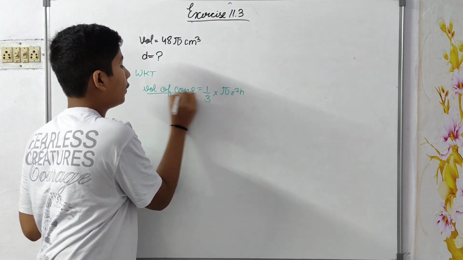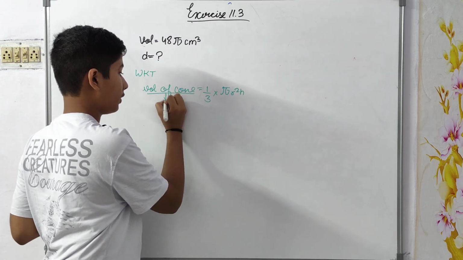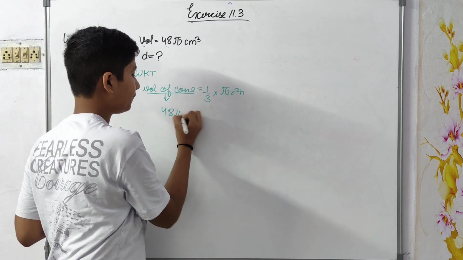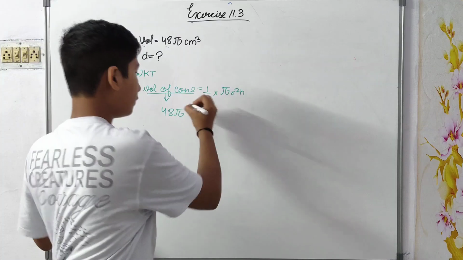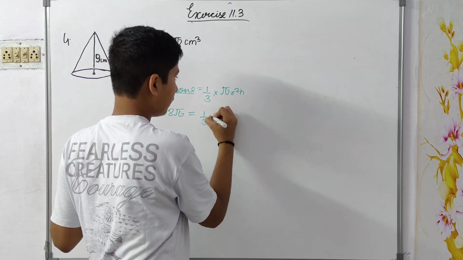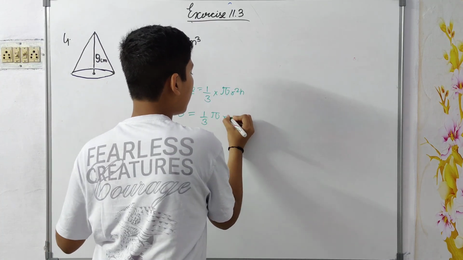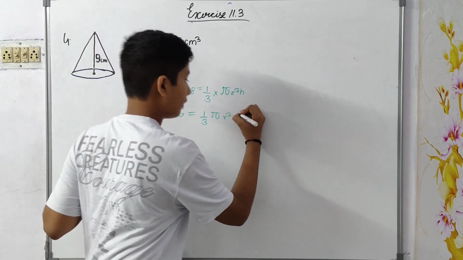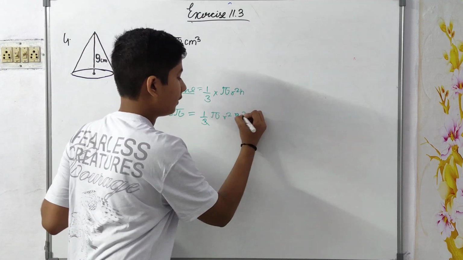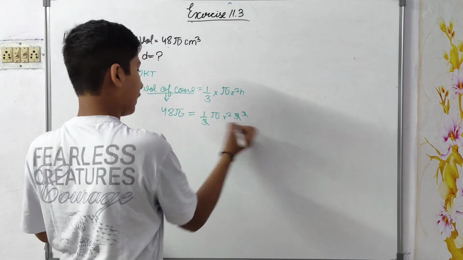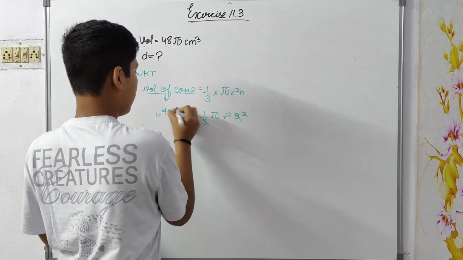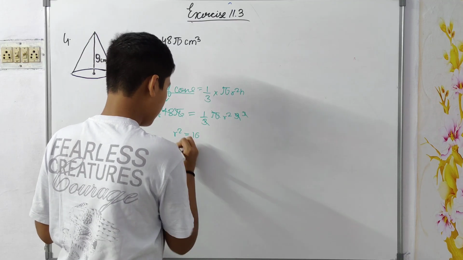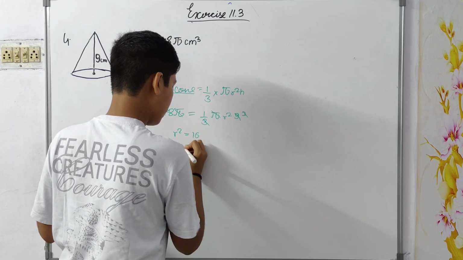Volume of cone is given to us, which is 48 pi. So 48 pi equals 1/3 pi r square into h. What is h? h is 9. 9 divided by 3, 3 cancels, 16. Pi cancels. So r square equals 16, r equals 4.